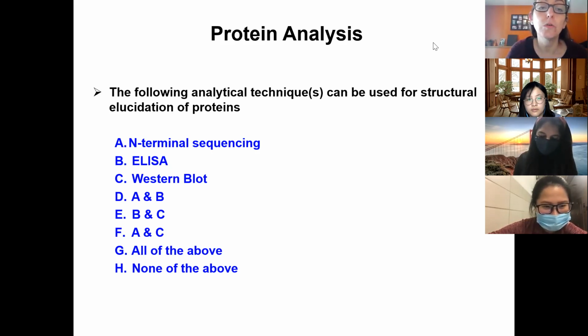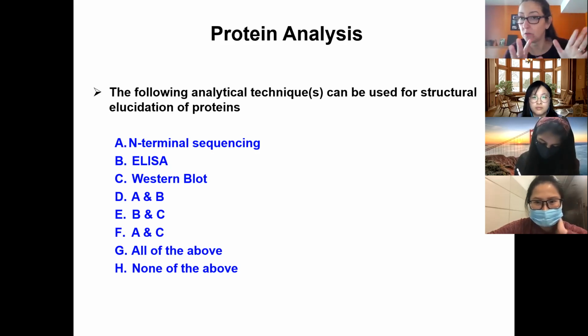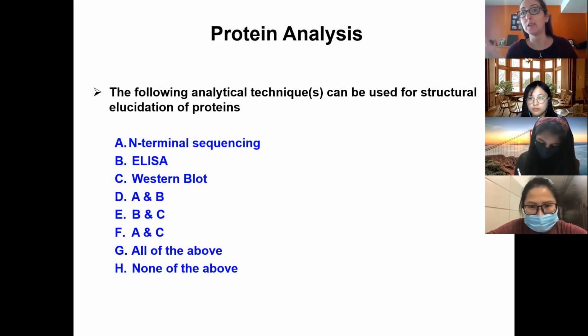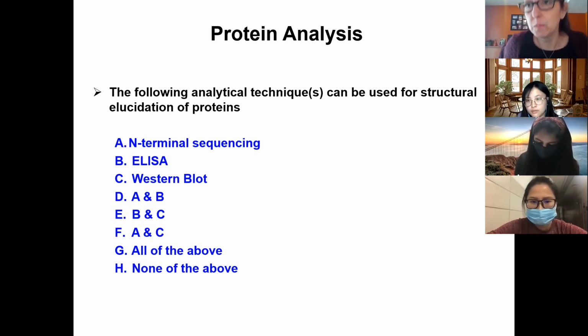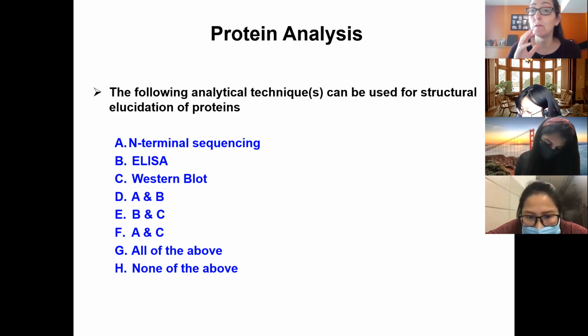All right, so N-terminal sequencing, I didn't expect you to know this. That's why we're teaching this, right? So N-terminal sequencing is a procedure that is used to determine the sequence of amino acids in a protein. And I do have, by the way, documents on Canvas that talk about different unique methods.